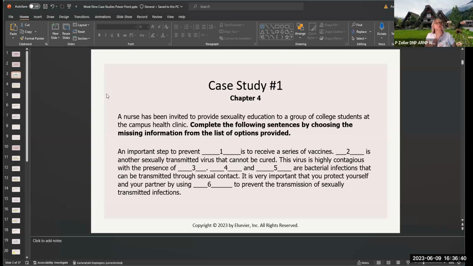So let's look at this first one. What this is similar to is a next gen question, right, that you might see on the HESI as far as options to fill in. So go ahead and read it, and then we're going to answer the question on the next slide.